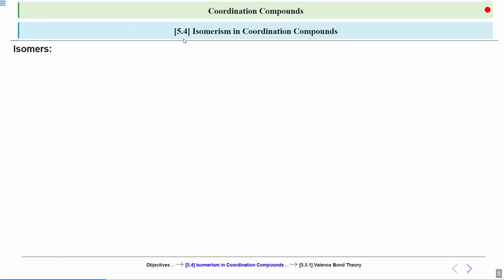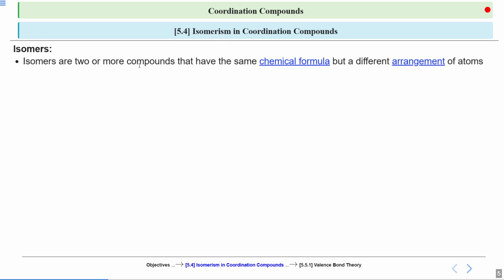So let's begin with isomerism in the coordination compounds. Isomers are two or more compounds that have the same chemical formula but different arrangement of atoms. We have understood this already, that isomers are those compounds, either two or more, which have the same chemical formula but whose arrangement of the atoms in 3D space is different.